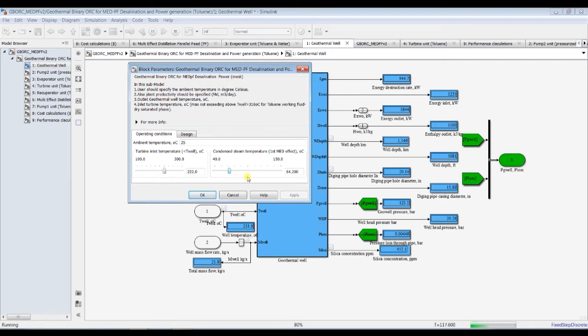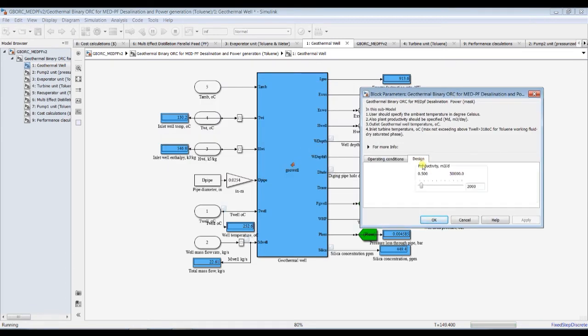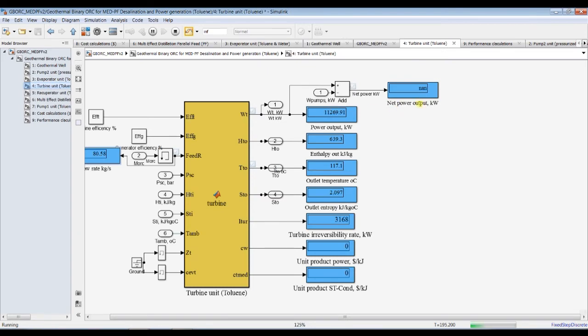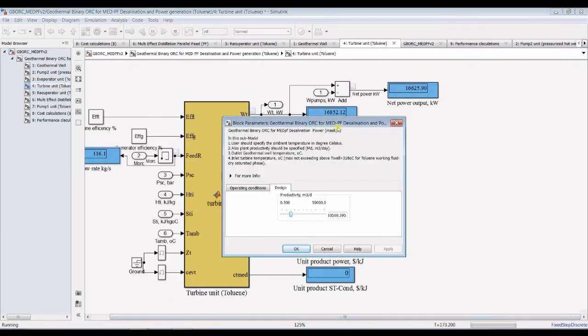Suppose I'm going for changing the steam condensate, changing the mass flow rate by the way. Increasing the total productivity of the plant would increase the total mass flow rate through the geothermal well and show the power. Okay, let's go for the turbine unit. This is the power.